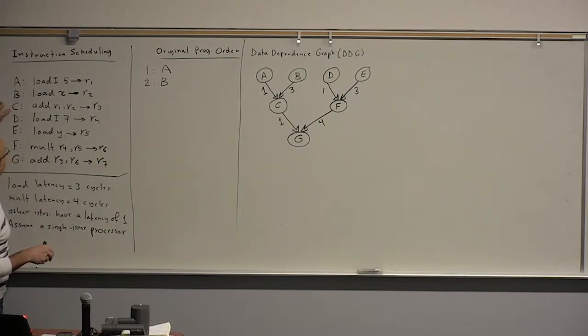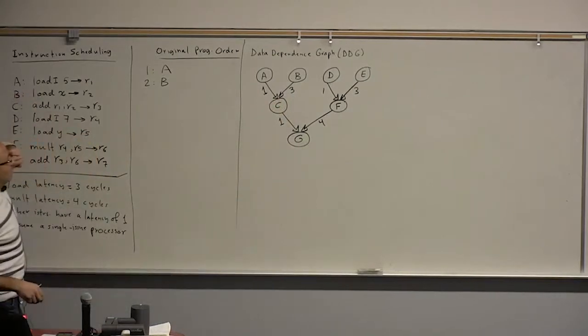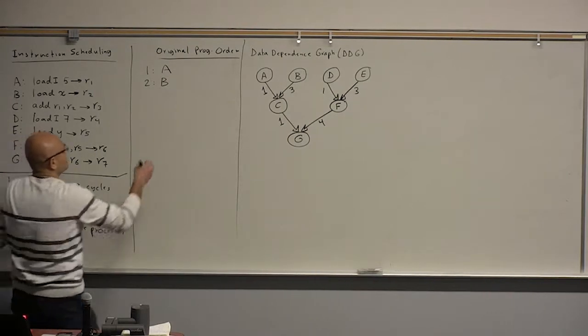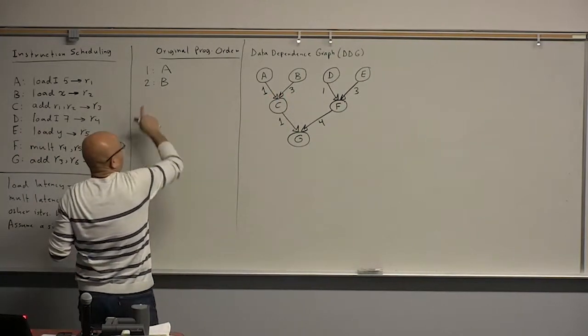Instruction C, in which cycle will C execute? So does it have a dependence? Yeah, it depends on B, and there is a latency of 3. So C can execute in cycle 5? Yeah, exactly. It's going to execute in cycle 5 because it's dependent on B. So 2 plus 3 equals 5.